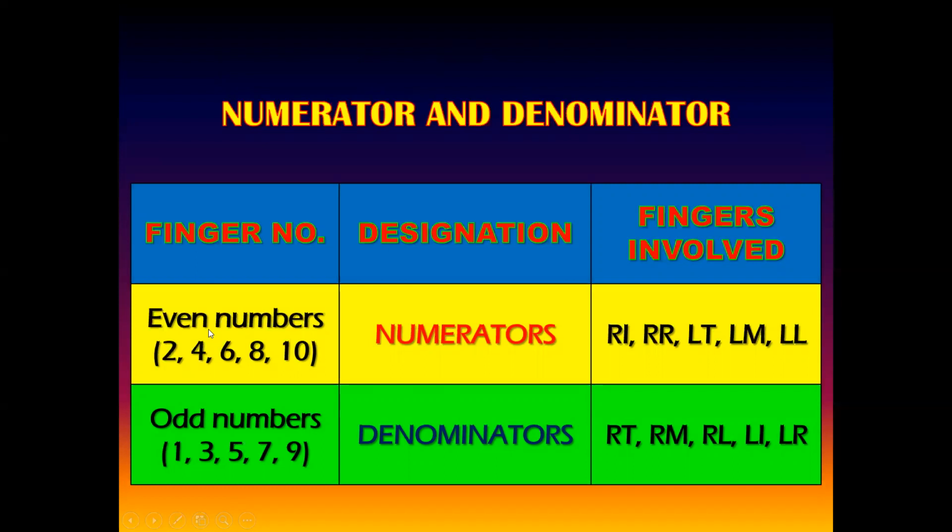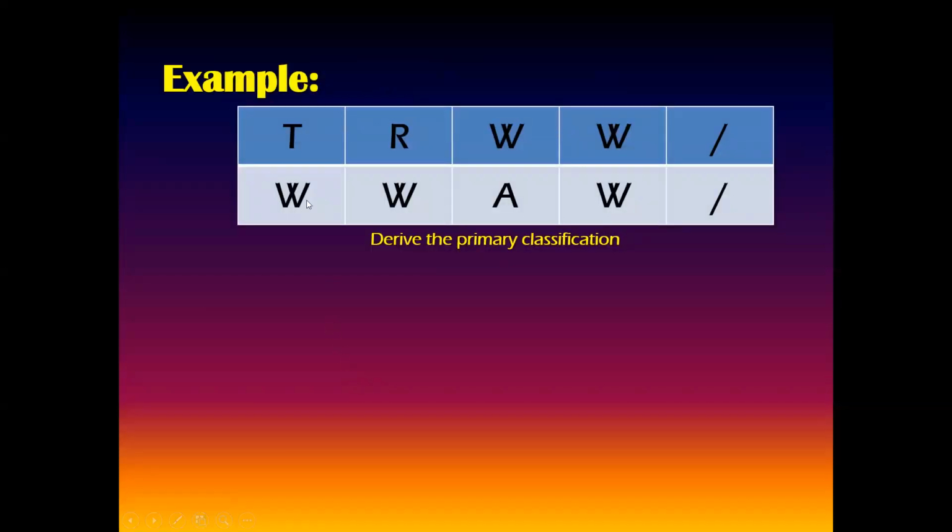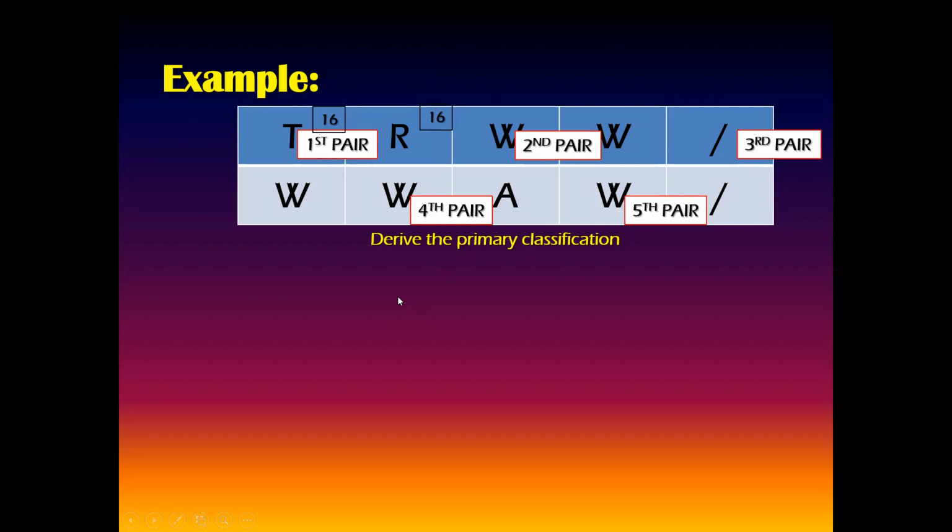So even-numbered fingers will be placed in the numerator, and that is the right index, right ring, left thumb, left middle finger, and left little finger, and the rest will be the denominators. So an illustration, if you take a closer look, those are the pairs. We assign the numbered values.